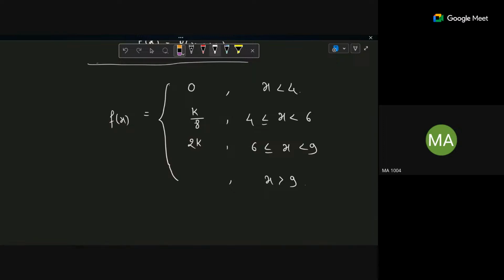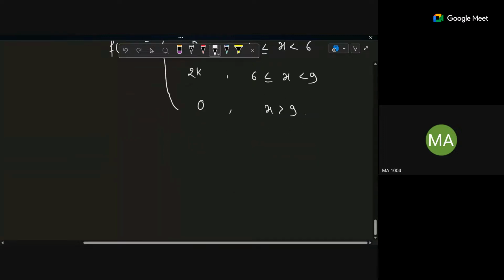It's 0 only, it's my mistake. Are you able to calculate what will be the value for k?